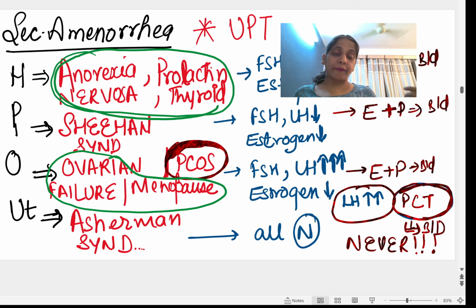Estrogen is responsible for endometrium proliferation, and progesterone always stabilizes the endometrium proliferation. So if increased estrogen or unopposed estrogen is there, then there will be increased chances of CA endometrium.